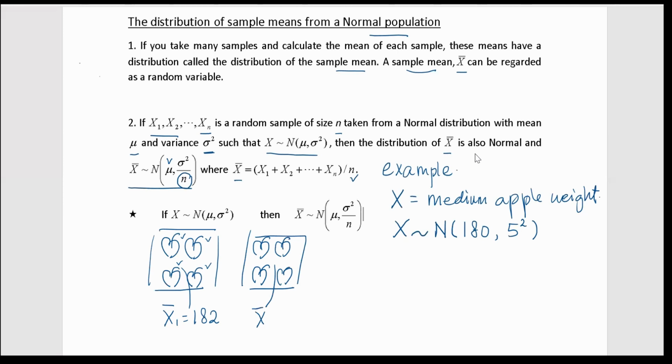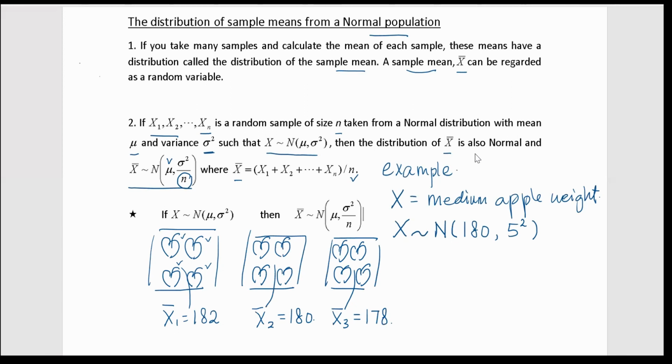I'm getting x bar 2, and let's say the value happens to be 180. The mean weight of these 4 apples is 180 grams. One more random sample of 4 apples, and I'm getting the third mean value, x bar 3, and let's say the value is calculated to be 178.